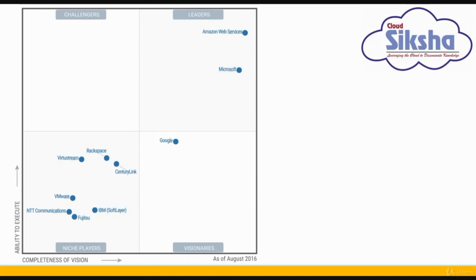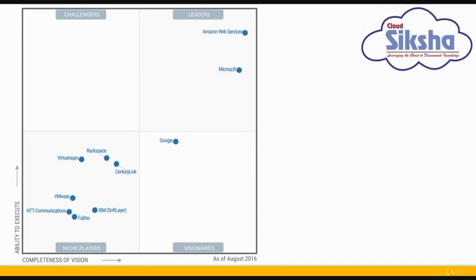On one hand, Gartner tries to see how complete is the vision of the company with respect to the technology and the services that it offers. On the other hand, Gartner also looks at the ability of the company to execute on this vision and to make the vision a reality.